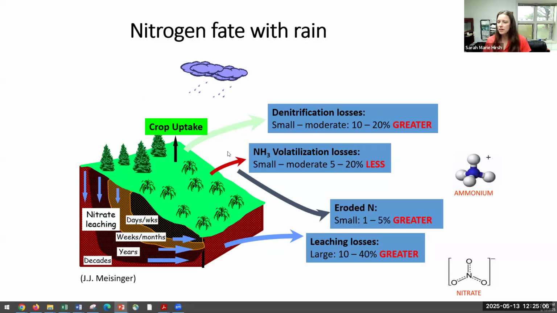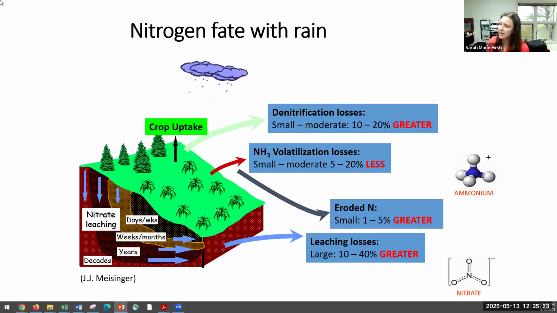So it's really complicated. Wet conditions or rainfall can be good for retaining some forms of nitrogen, but then it can cause a loss of other forms of nitrogen.